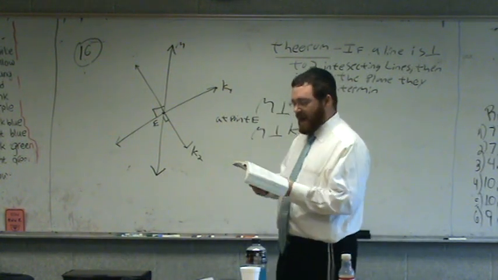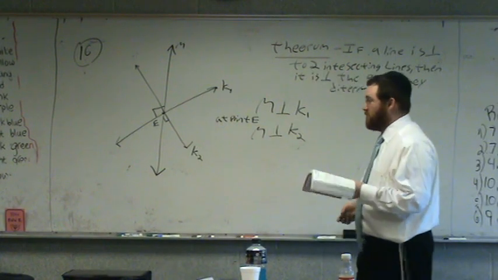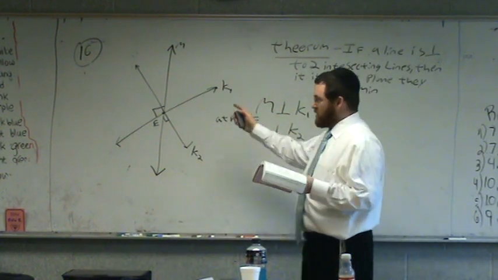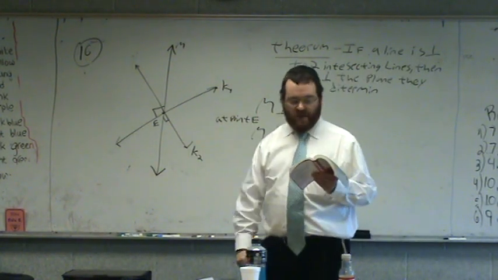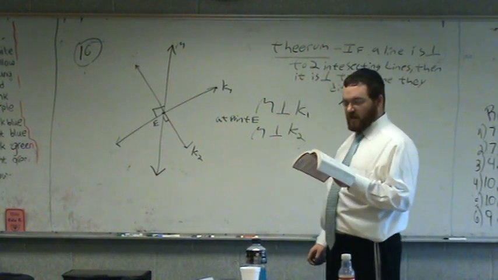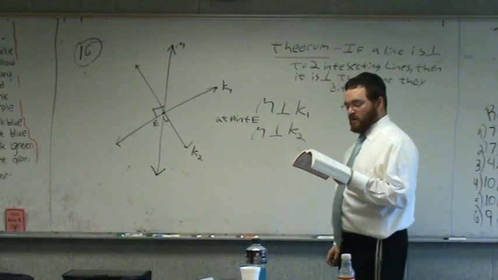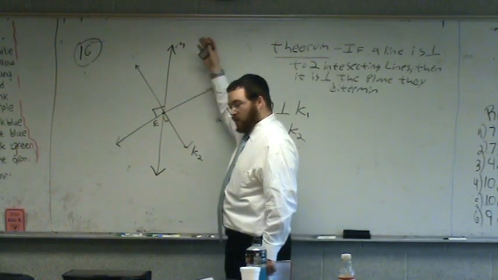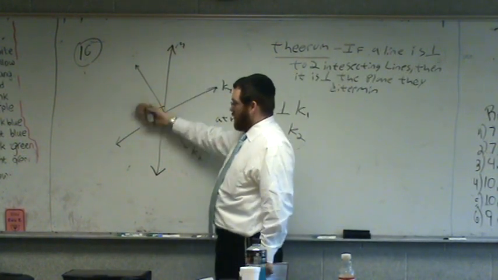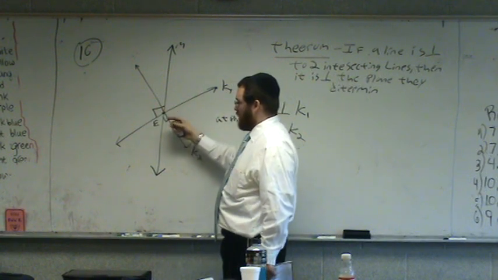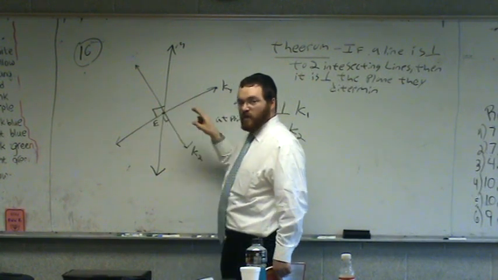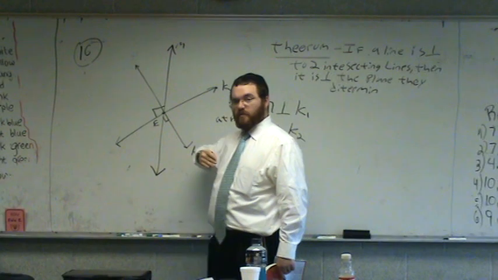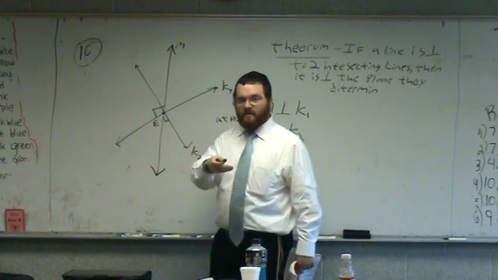Answer 3, line M is perpendicular to the plane determined by lines K1 and K2, we already said is the correct answer. And answer 4, line M is coplanar to lines K1 and K2. That's not true, because lines K1 and K2 are on one plane and they intersect. The only way for something to be perpendicular to both of them is if it's not on the same plane.